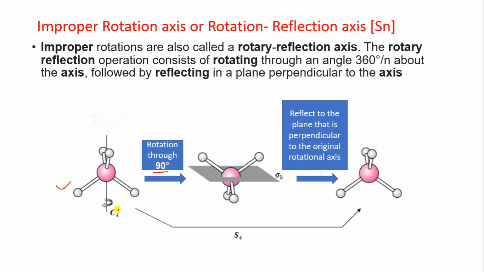Perpendicular to the axis, it turns to its original shape. So the starting orientation and end orientation are the same. So we can say it has an improper rotation axis and it becomes an achiral compound.